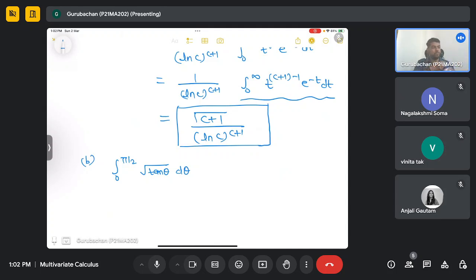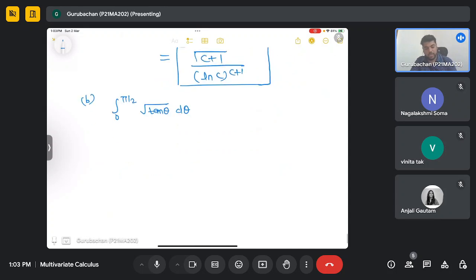It is a kind of improper integral, because integrating tan theta is a difficult task in itself. Further, we need to calculate its value at pi by 2, and this will give us infinity.